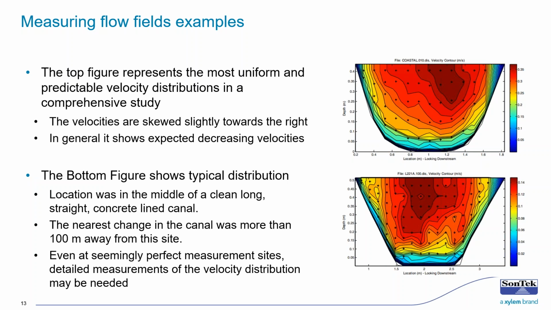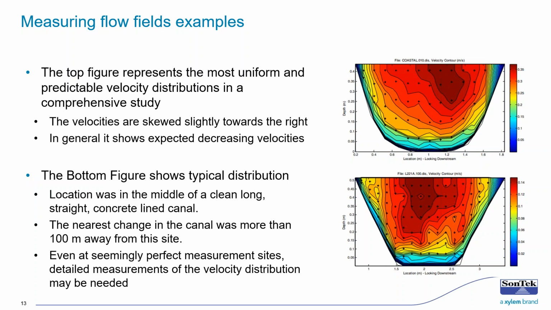Just to add a couple of points to the picture on the top, the velocities decrease as you go towards the edges and towards the bottom, and that's expected. The figure on the bottom is actually a typical distribution. For most of the sites that we were measuring, this is exactly what it looked like.